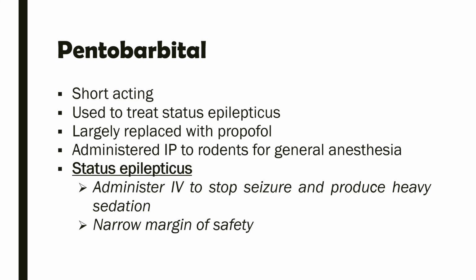This is, of course, largely replaced with propofol, because, again, pentobarbital has a very narrow therapeutic index, and it is, of course, currently used as a euthanizing agent. For the status epilepticus, you have to administer IV to stop seizure and produce heavy sedation. That is for pentobarbital.